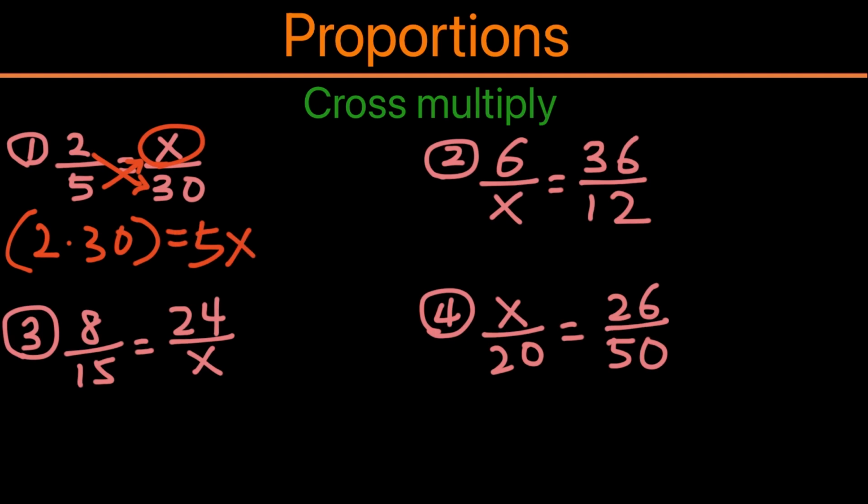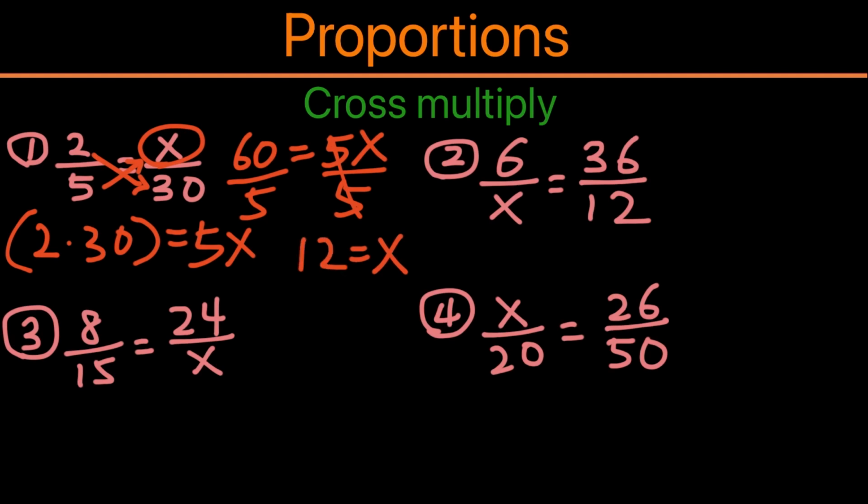So 2 times 30 equals 60. 60 equals 5x. And we would divide 5 on both sides, and x will equal out to 12. So that's the answer for the first example.